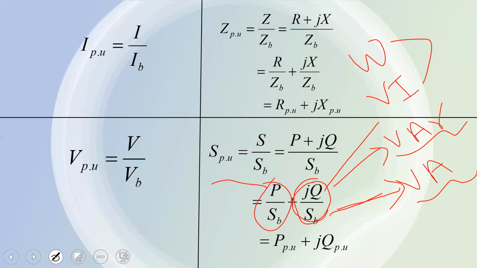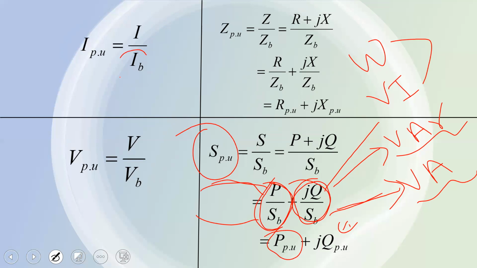So numerator and denominator are of the same dimension, and the term P by SB is a dimensionless quantity. You can write this as P per unit and this as Q per unit. So in this way, the complex power or apparent power in per unit will be equal to the complex sum of active and reactive power in per unit.